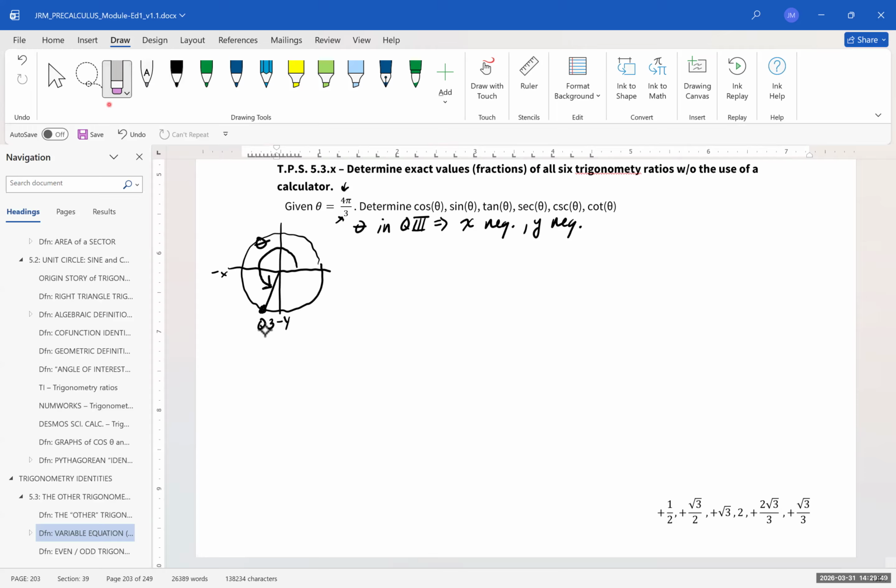All right, let me erase this because it's kind of in my way. All right, so what are the coordinates at this point? Well, it looks like as I come down from here, this is going to be at negative 1/2, and then negative square root of 3 over 2.